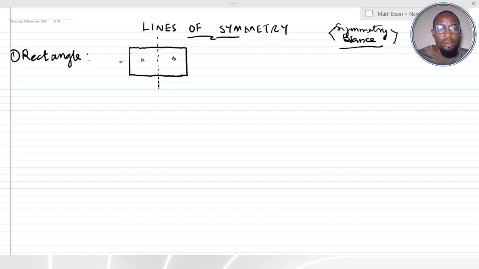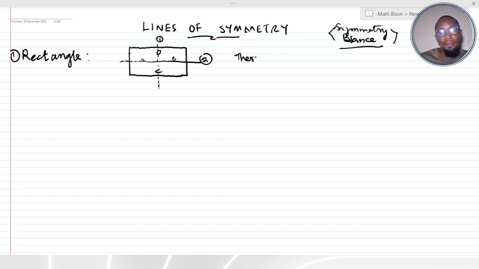Or we split this way, such that down here is the same, and they cover each side. So this is the first line of symmetry, and this is the second line of symmetry.